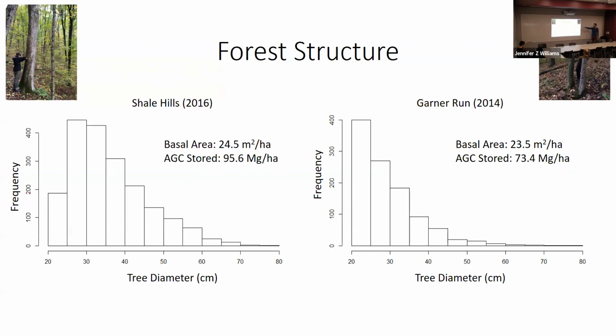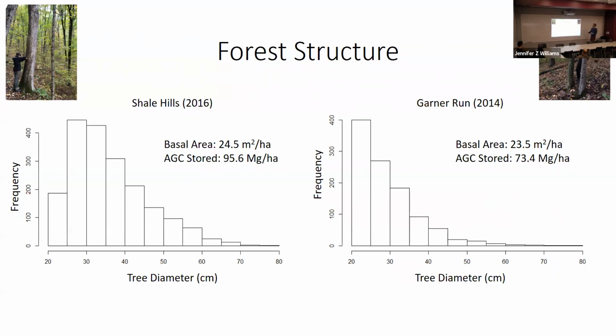So we have 24.5 for Shale Hills in the most recent 2016 measurement, compared to 23. I would expect that to be a little different, based on what I think is really interesting: we have a much higher amount of aboveground carbon stored in the forest at Shale Hills compared to Garner Run. So we have similar basal areas, which is the metric that foresters typically use to quantify the amount of trees on site.